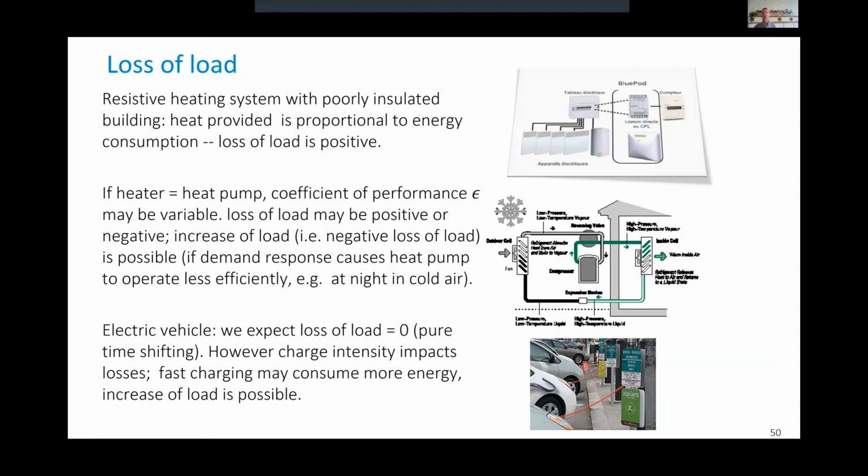So if you decide to use your heat pump at a different point in time, when the outside temperature is very cold, then your heat pump will need more energy to provide the same amount of heat into the house. So if you have heat pumps, you need to be more careful and make sure this does not happen. When you delay your heat pumps, you have to make sure when you delay exactly, and you don't do it at periods of time that would significantly deteriorate the coefficient of performance.